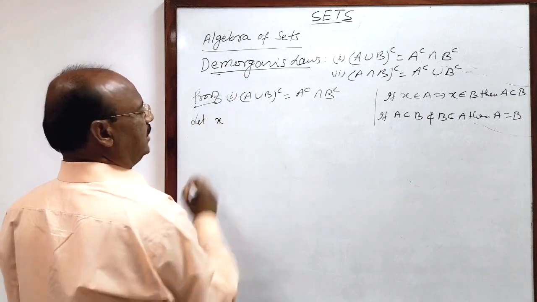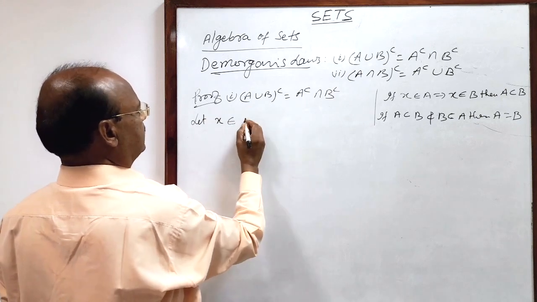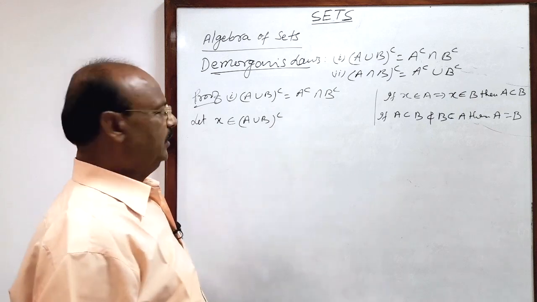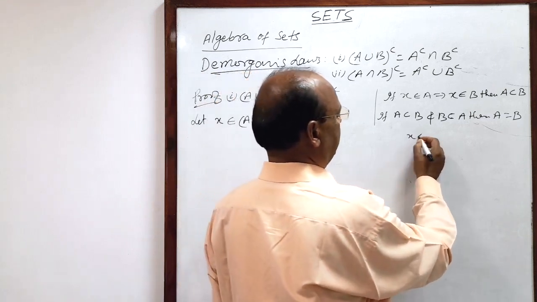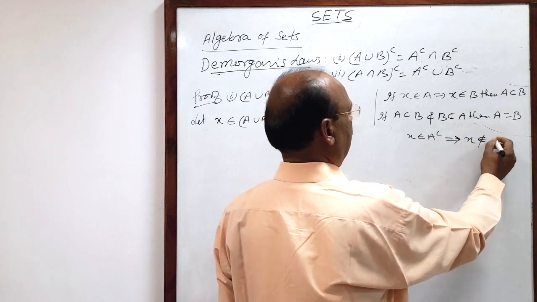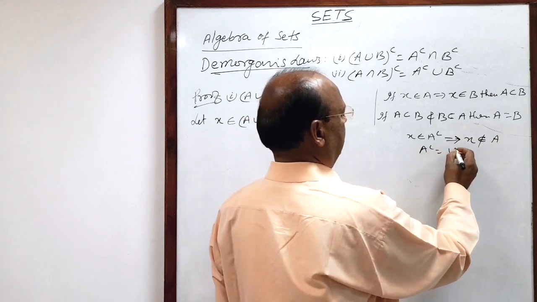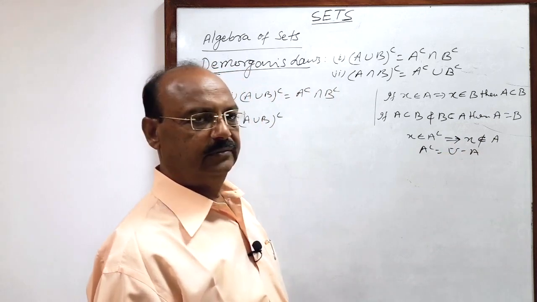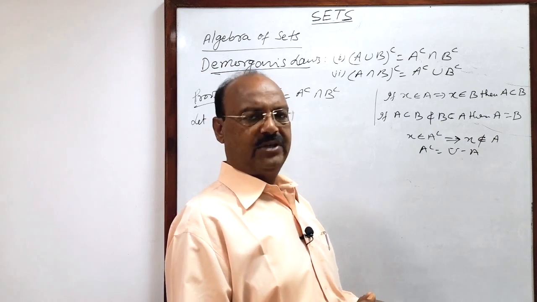Let X be any arbitrary element belonging to the left hand side, (A union B) whole complement. And you know what is complement? Complement means if X belongs to A complement, this implies that X does not belong to set A. Because by definition, A complement is universal set minus set A. You know, universal set is the biggest set under consideration and A is a subset of universal set.